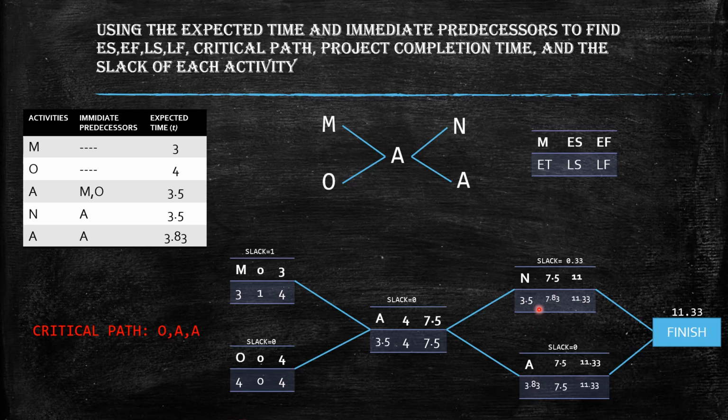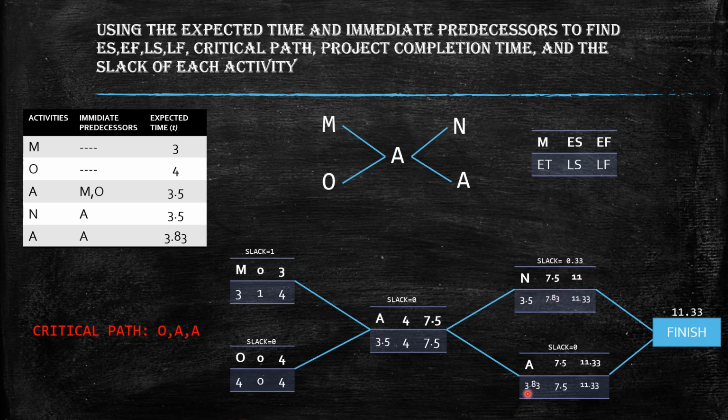So let's start in the activity N. So since the earliest finish of activity A is 7.5, then the earliest start of the activity N is 7.5. And to get the earliest finish of activity N, we have to add its earliest start to the expected time, which is 3.5 plus 7.5 results to 11.